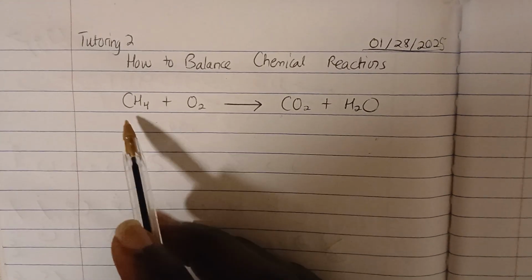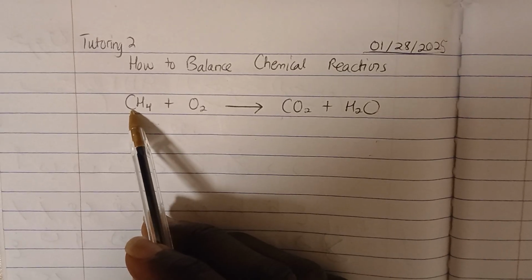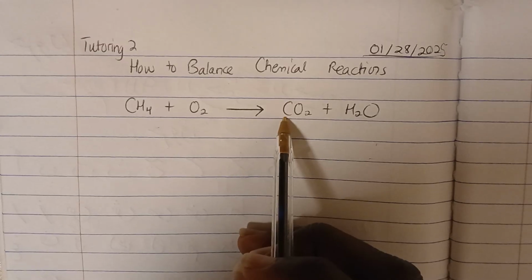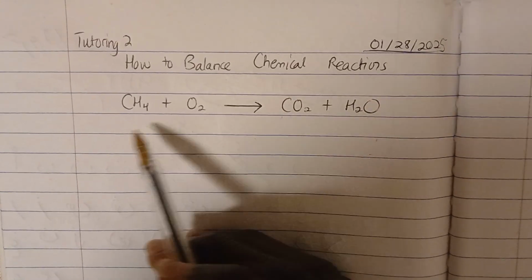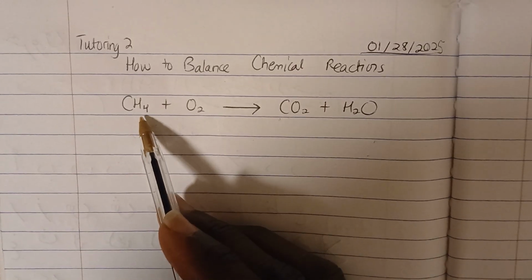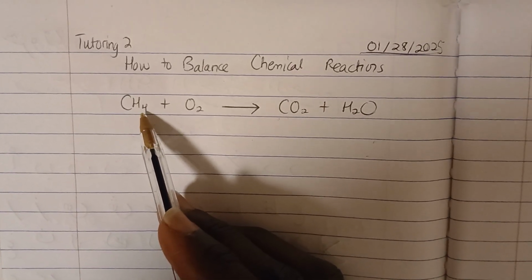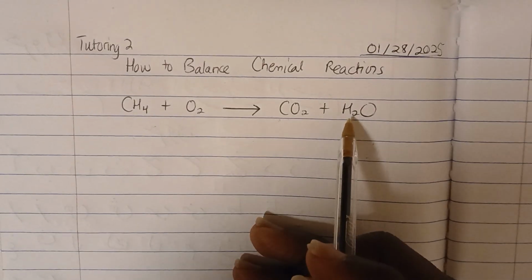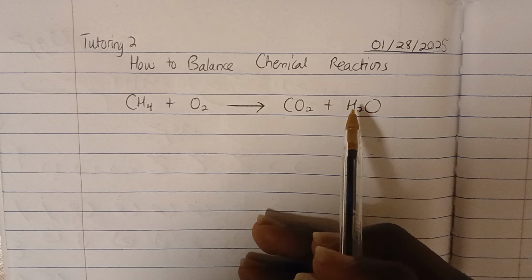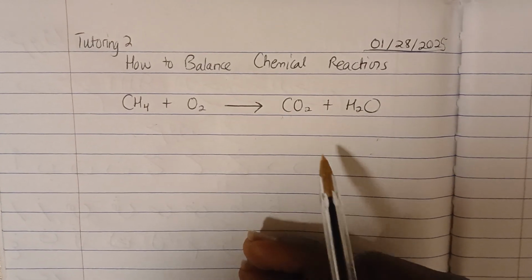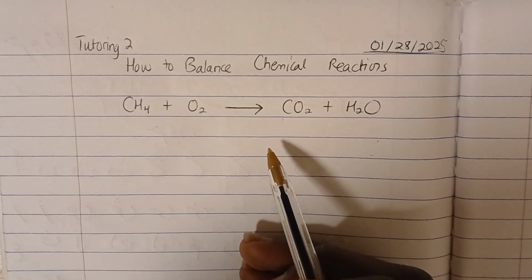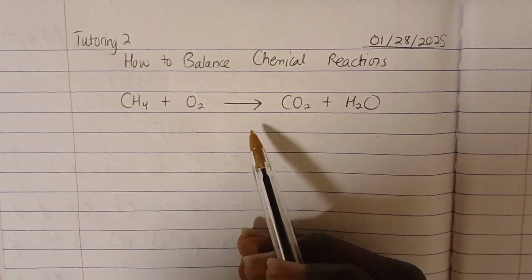So we start off with one carbon on the reactant side and one carbon on the product side. That's good. 1 is equal to 1. There's 4 hydrogens on the reactant side, but there's only 2 on the product side. Okay, that's unequal, so we have to equate it because we're trying to balance this chemical reaction.